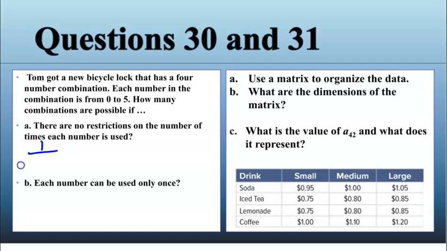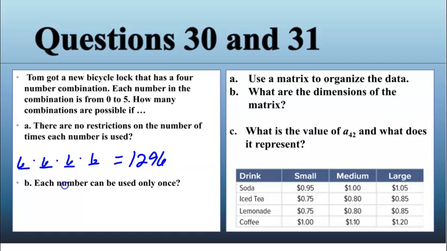It's 4 digits, and we are using 6 digits, so that's 6, 6, 6, 6. And since we're only looking at how many combinations, not probability, I'm not going to put the 1 over there. So now all I have to do is, on my calculator, 6 to the 4th power, that's going to give us a total of 1,296 possible combinations.